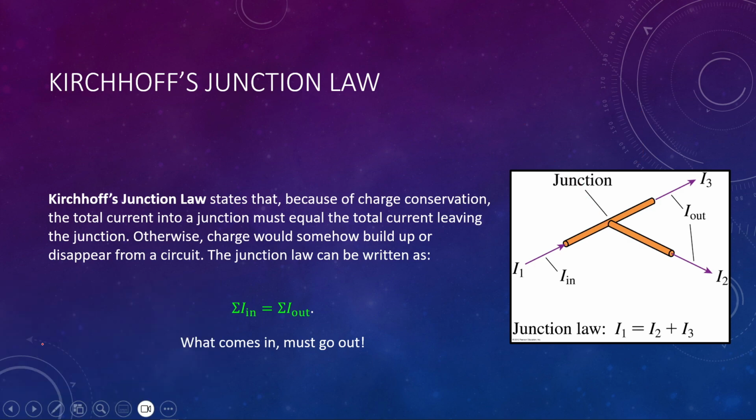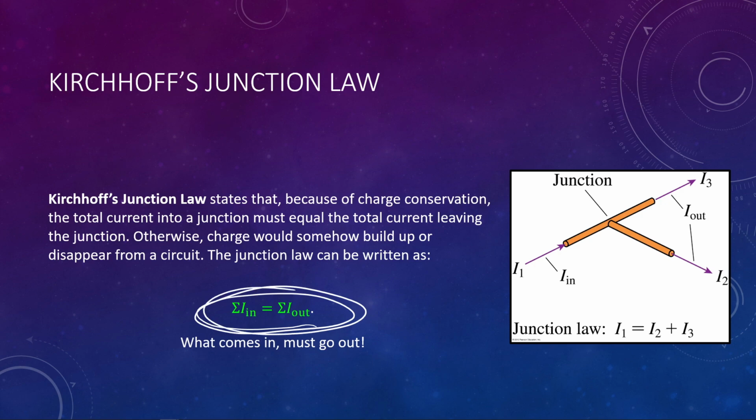If it's equal resistances in each path, maybe if it's 1 amp coming in, you'd get 0.5 going out in each path for a total of 1. Or if you've got double the resistance in one path than the other, maybe it's 0.66 in one and 0.33 in the other. The point is, no matter what's going on in your circuit, whatever comes in is equal to whatever goes out.